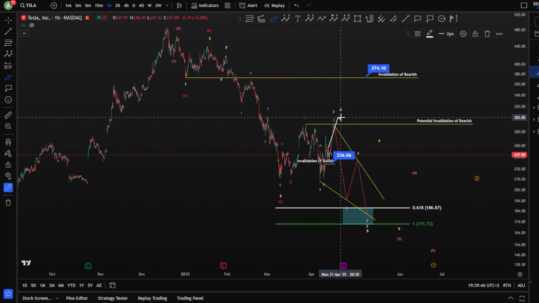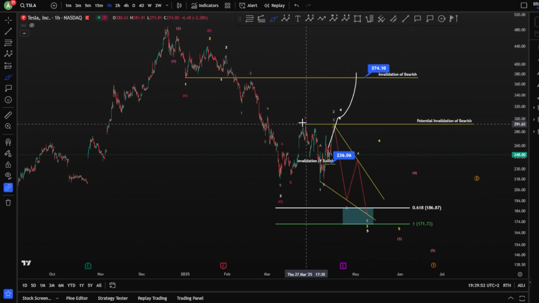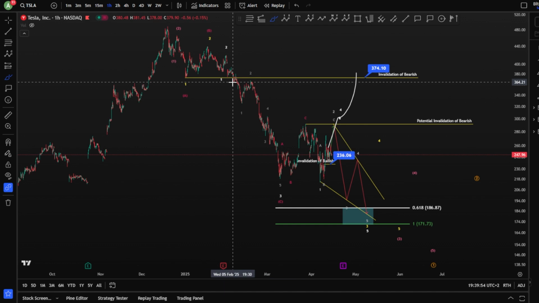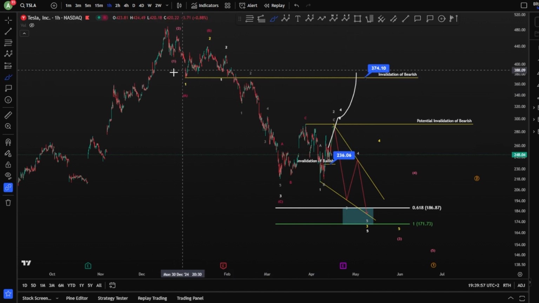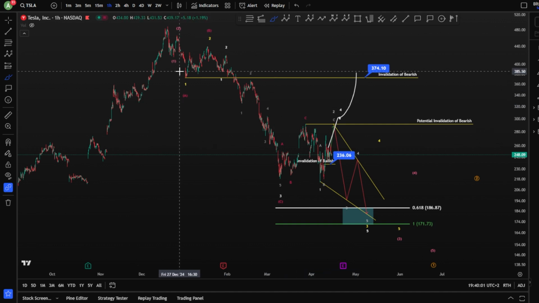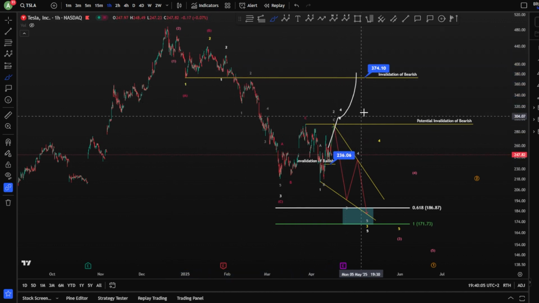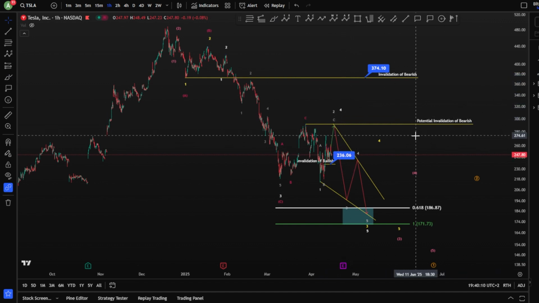But to confirm the whole impulse has been invalidated, you would like to reach the invalidation at 374, meaning you would like to see the price action interfering with the zone 1. Preferably, see the price interfering with the zone 1, invalidation of this impulse. Therefore, we can call a bullish scenario is unfolding toward the upside with much higher confirmation, I would say. So here is only the potential of a bullish scenario, right?